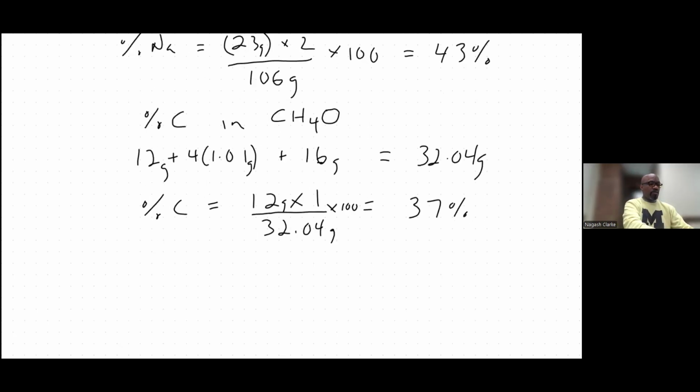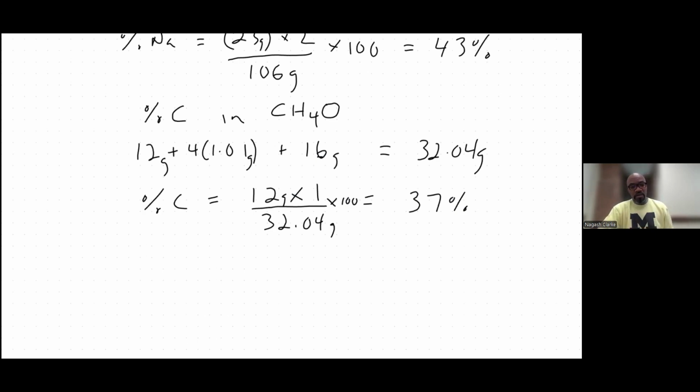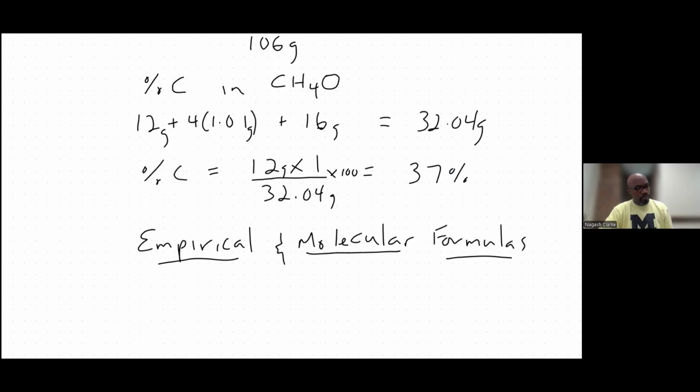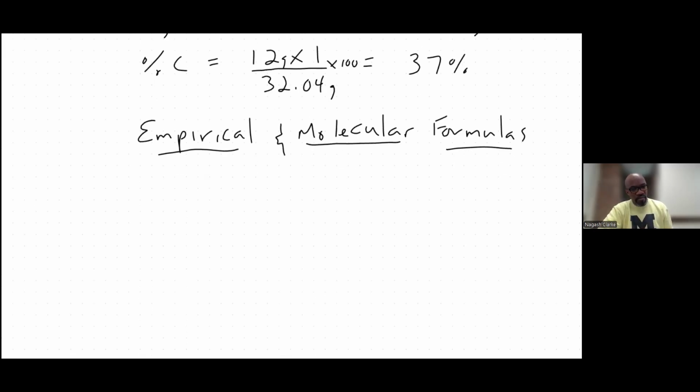So one use of percent composition is enabling us to find empirical and molecular formulas. Let's say, for example, I have 76.0% C, 12.8% H, and 11.2% O in some compound.